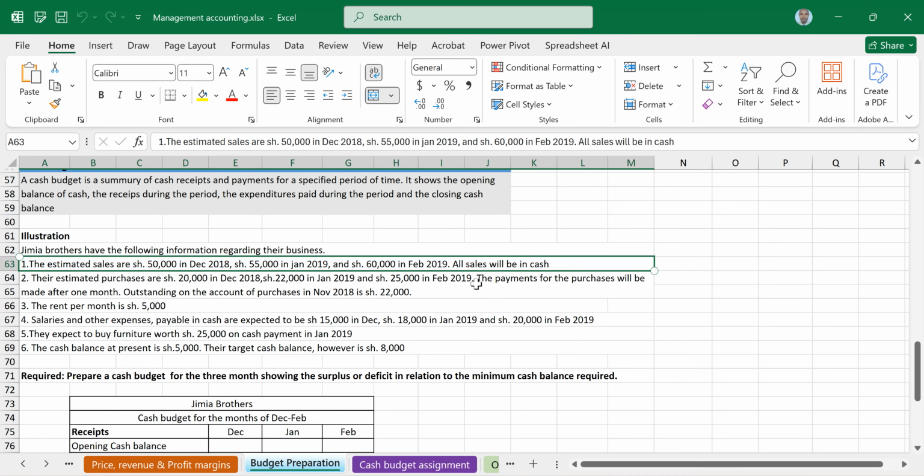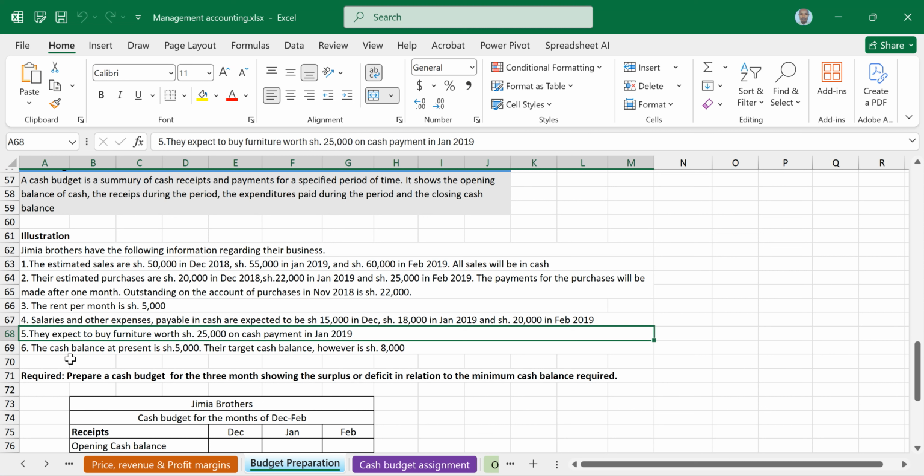The rent per month is 5,000. Salaries and other expenses payable in cash are expected to be 15,000 in December, 18,000 in January 2019, and 20,000 in February 2019. That is for salary. They expect to buy furniture worth 25,000 in cash payment in January 2019. The cash balance at present is 5,000 and their target cash balance is 8,000.